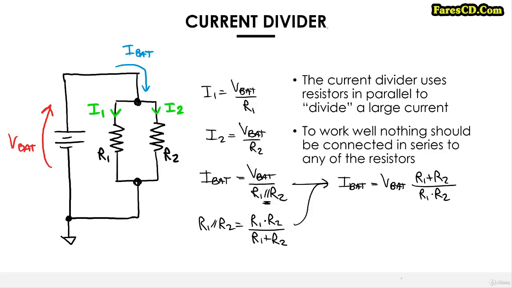Finally, we can calculate the ratio between I1 and IBAT and I2 and IBAT, which give us the percentage of the current IBAT going into R1 and the percentage going into R2.